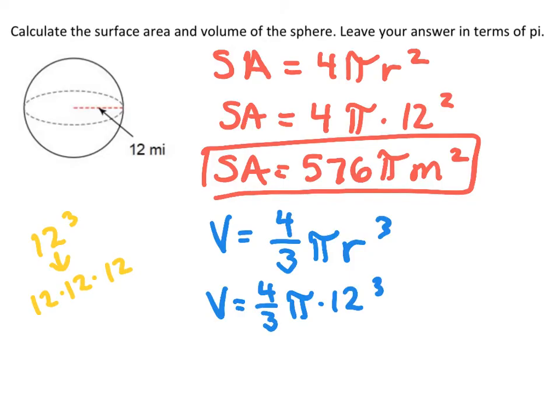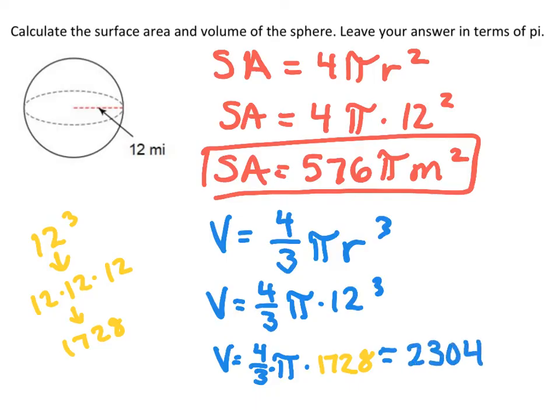So V equals 4/3 times pi times 1,728. And if you further simplify this, it gives you 2304. Again, it's in terms of pi, meters cubed.